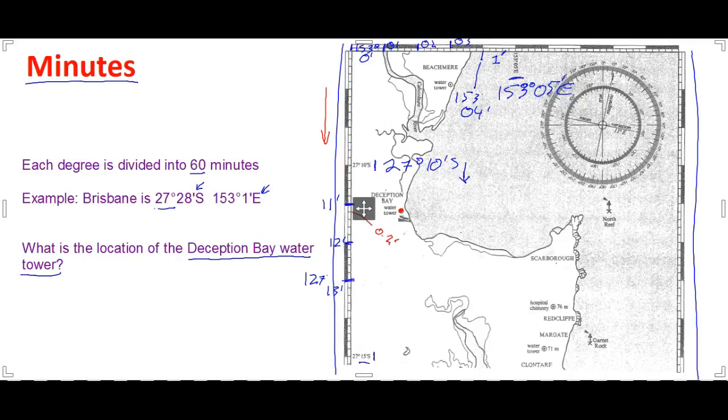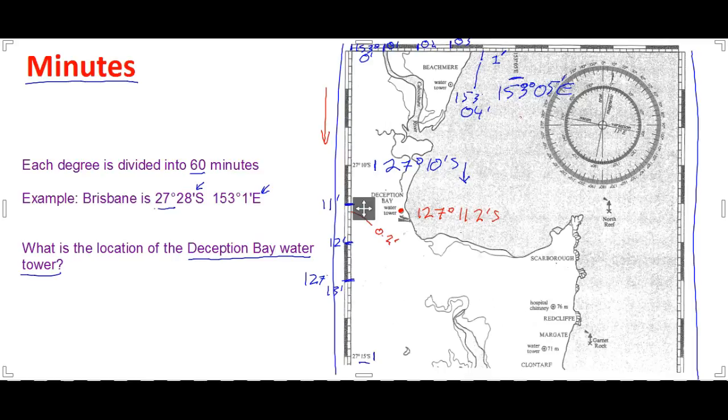So here we go. The Deception Bay water tower downwards is 27 degrees 11, and then just a little bit extra, 0.2 minutes south. And now we want to go acrossways.